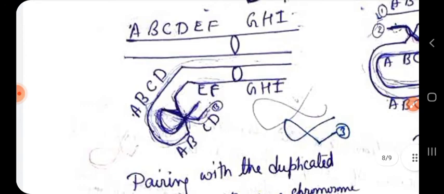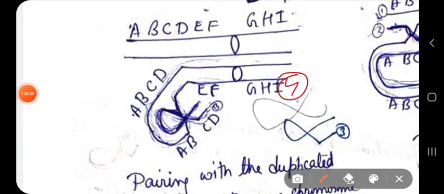See from here, G H I, that means I H G, then comes a centromere, then F E. I am writing from here to here.